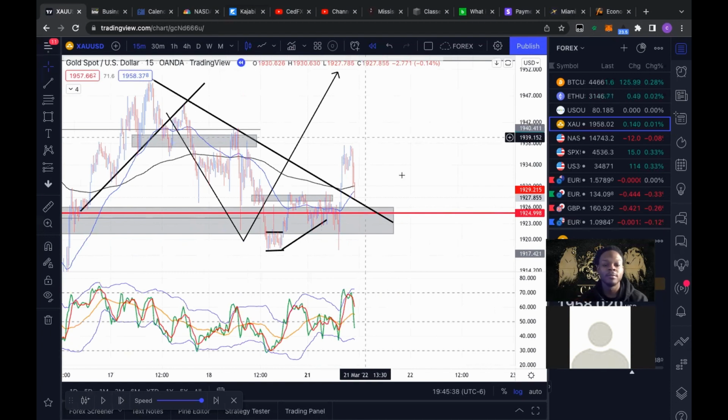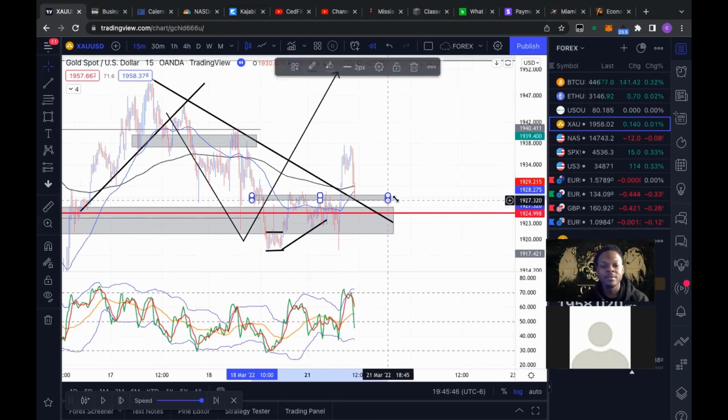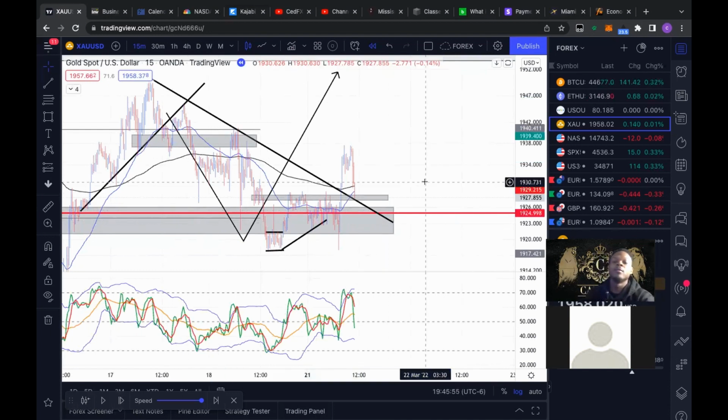So what are we looking for? A sale? Nah, wait, it broke the downtrend going up, so it's going to be a buy instead. We just broke structure, so now we want to look for a buy signal.